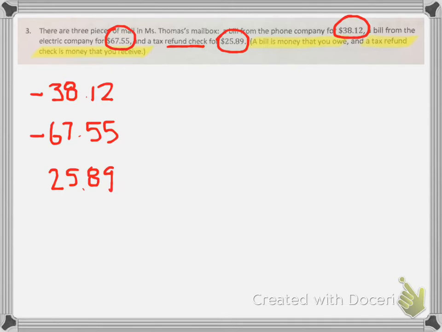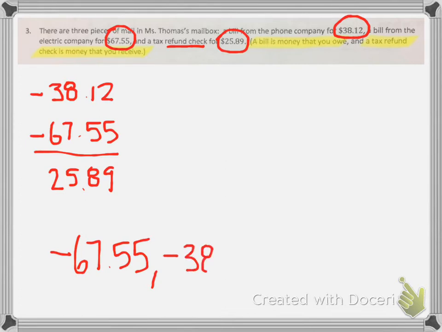And now we need to list them, smallest number first. Well, the smallest number is the biggest negative. So that's here, negative $67.55 is the first number. The next smallest is negative 38.12, and then the biggest in this case is the positive $25.89.